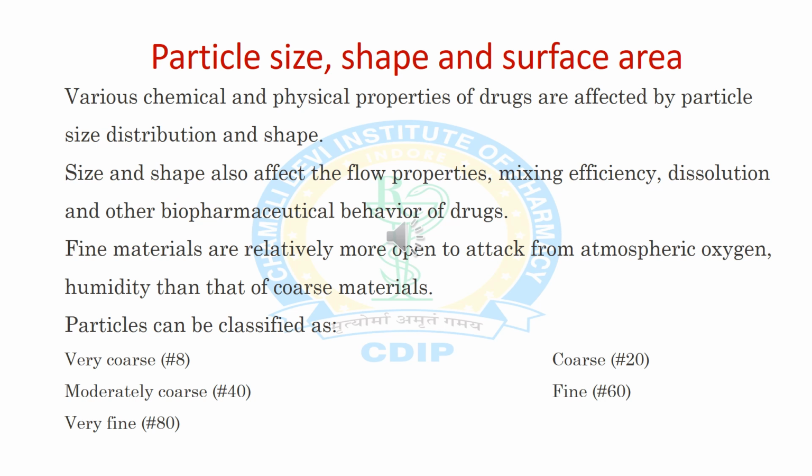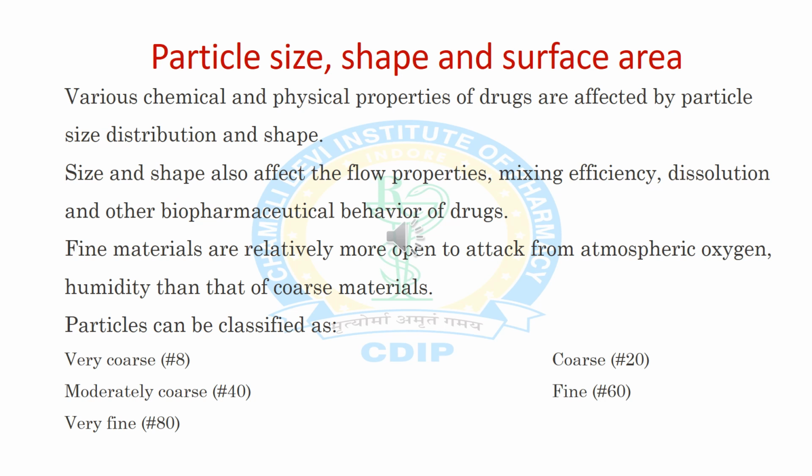Next property is particle size, shape, and surface area. Various chemical and physical properties of a drug are affected by particle size distribution and shape. Size and shape also affect the flow property, mixing efficiency, dissolution, and other biopharmaceutical behavior of the drug.